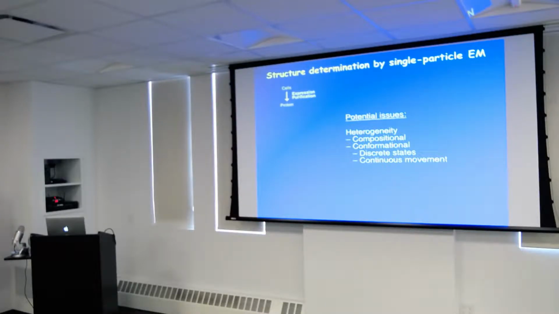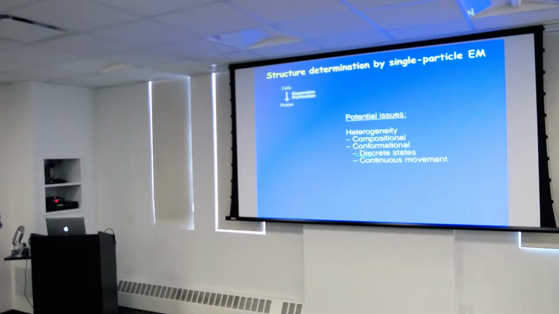And so we tried to start with a fairly homogeneous protein so that we would not have so many issues with heterogeneity, which can be compositional heterogeneity, so you have subunits that fall off from a complex, or conformational heterogeneity, so if you have a channel, very often you have a distribution between open and closed channels. So you obviously want to separate those. You don't want to have a mixed channel which is kind of in between open and closed.